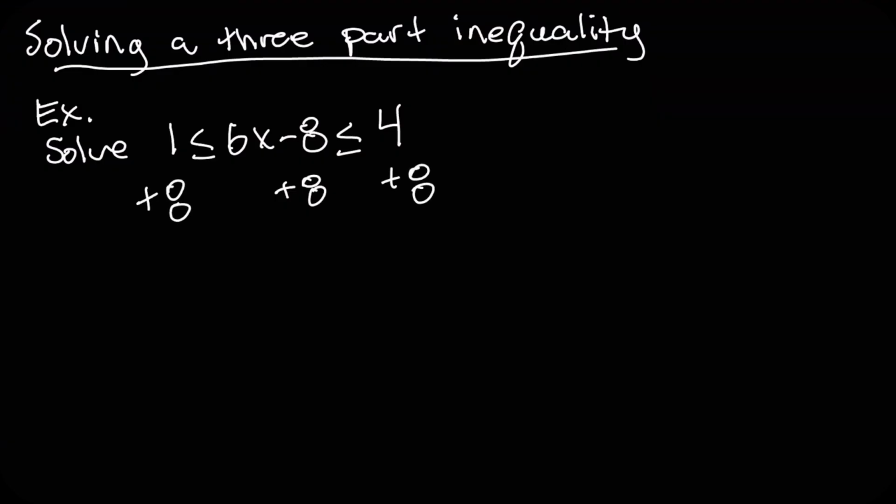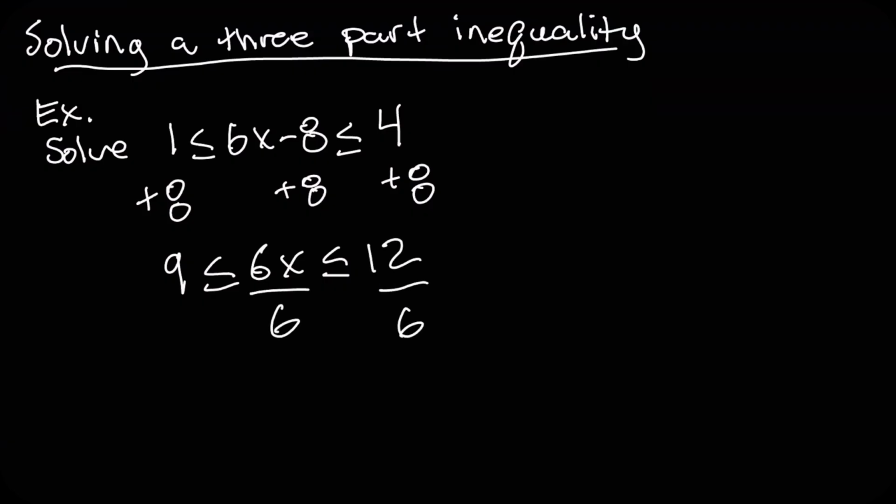So this will give us 9 is less than or equal to 6x, and then less than or equal to 12. Now divide by 6 on all of your sides here, and we are left with 3 halves less than or equal to x, and then less than or equal to 2.